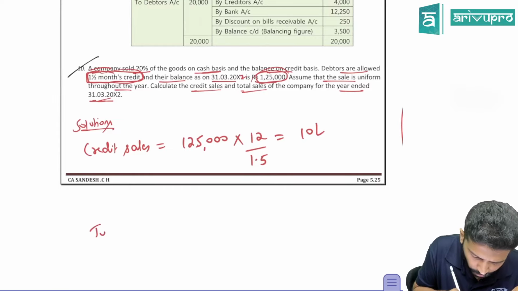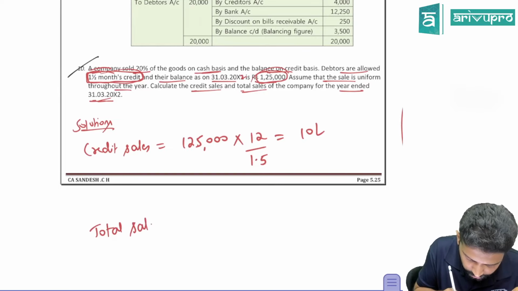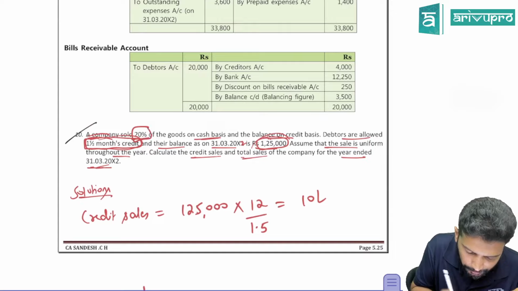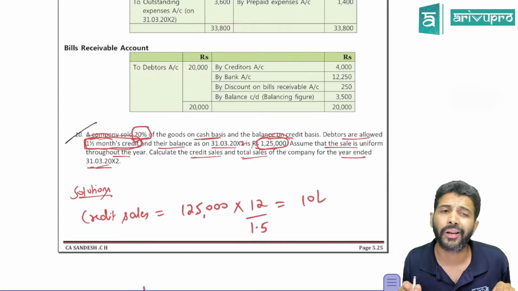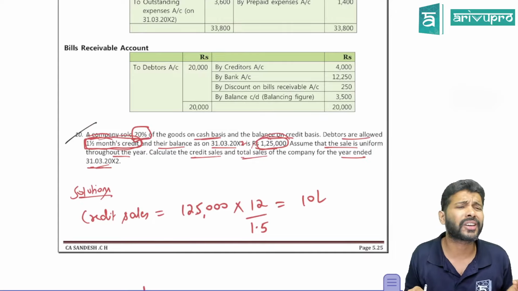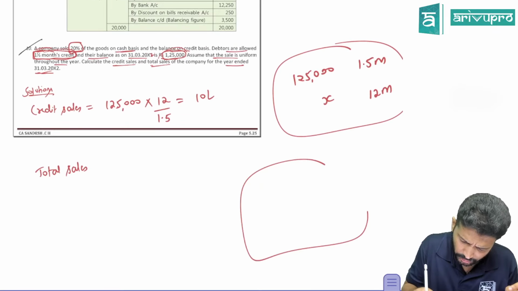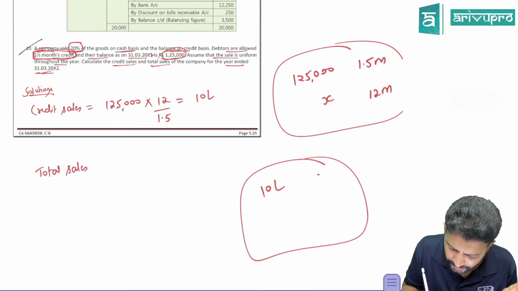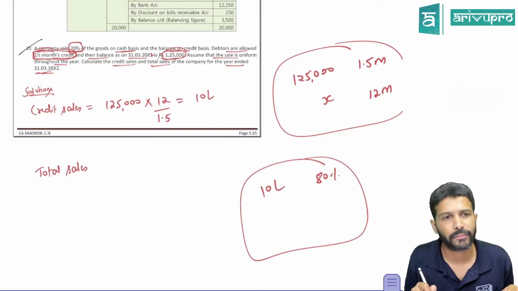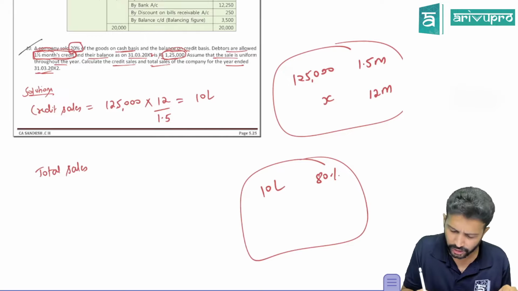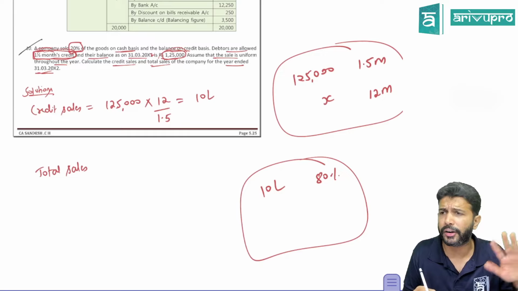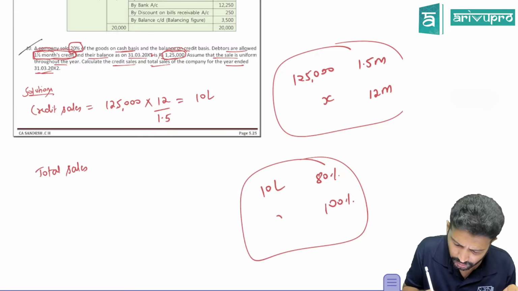Now we have to find out what sales? Total sales. They clearly told in the problem that 20% of the goods are sold on cash basis. That means credit sale represents 80%. So 10 lakh represents 80%. Total sales means 80% or the full 100%? For 100%, how much?